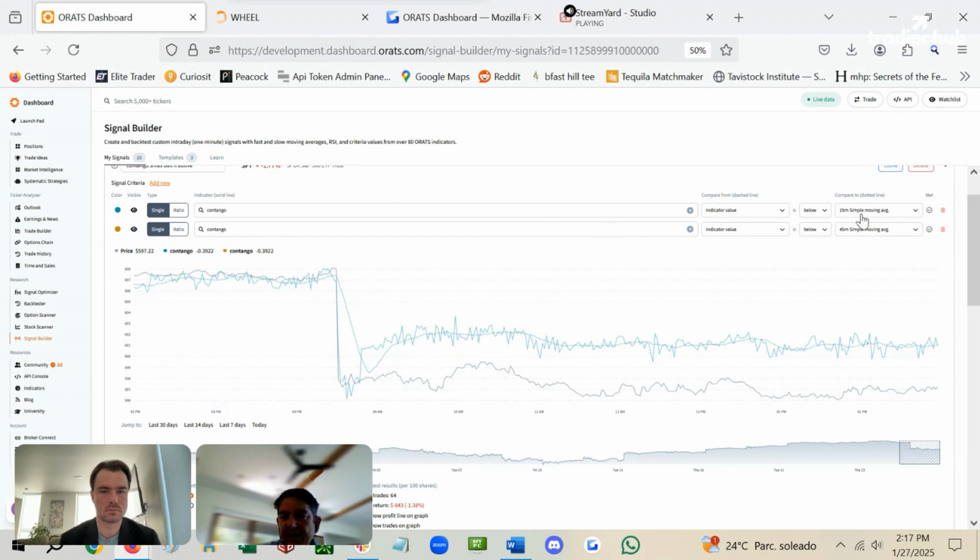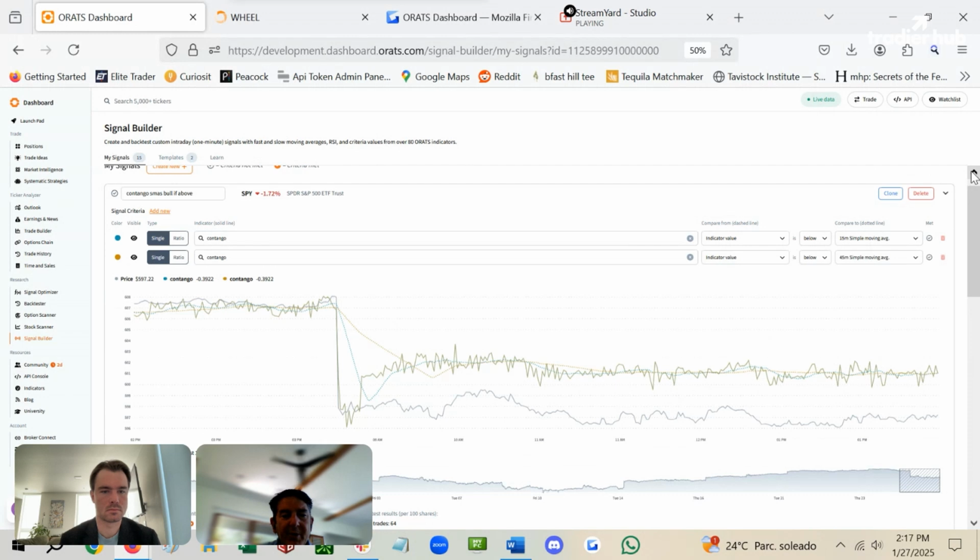I have a 15-minute simple moving average and a 45-minute simple moving average. So when the blue is above, it's bullish, and that's what I'm saying there.